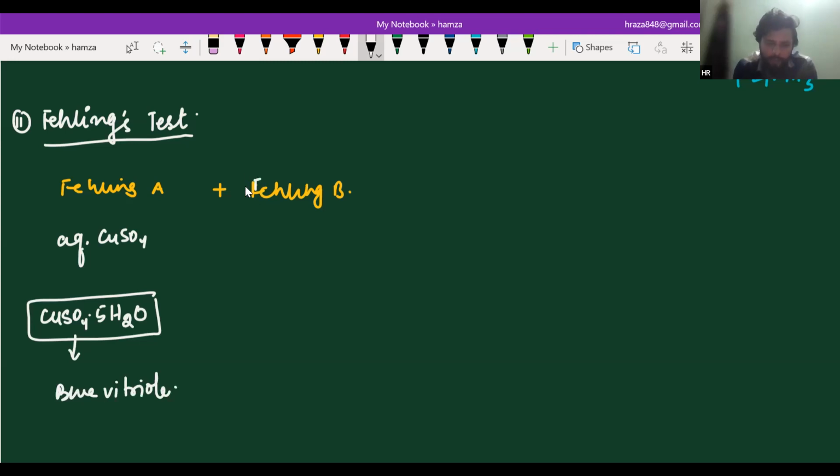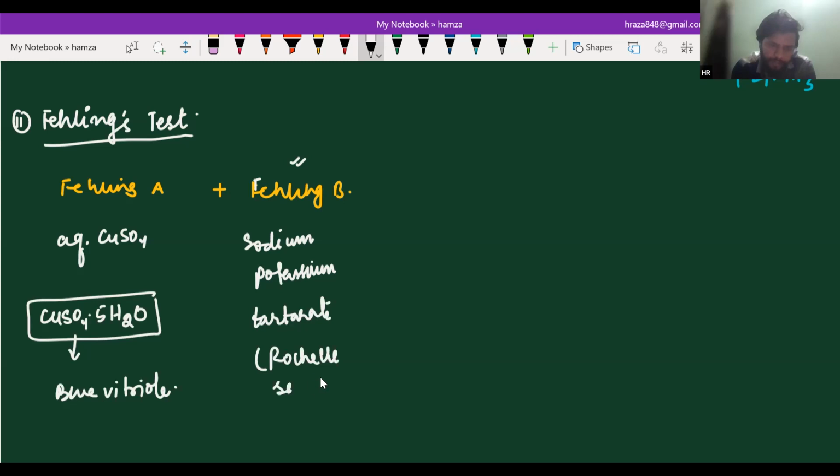And in Fehling's B, what I call just Fehling's 2, this is the second container in which sodium potassium tartrate is present, which has a common name and is known as Rochelle salt.